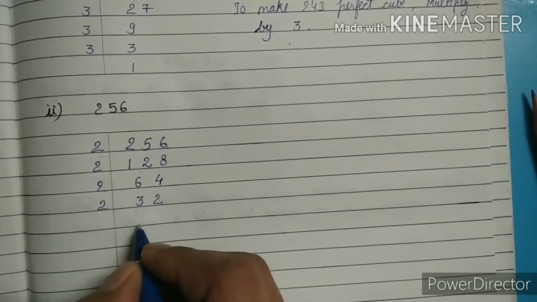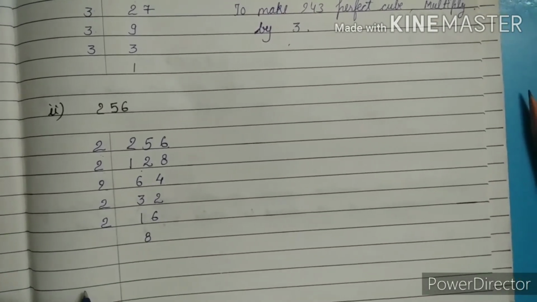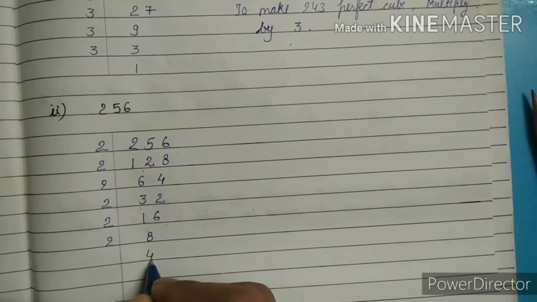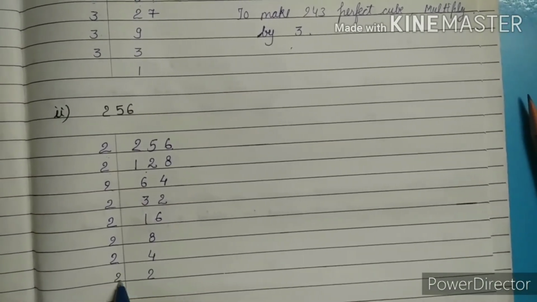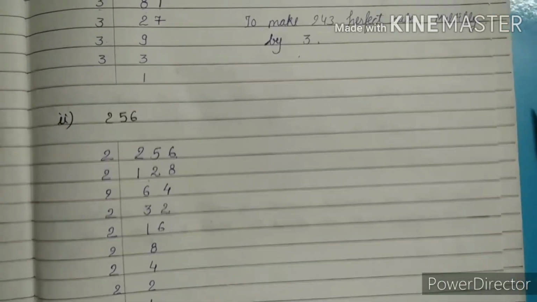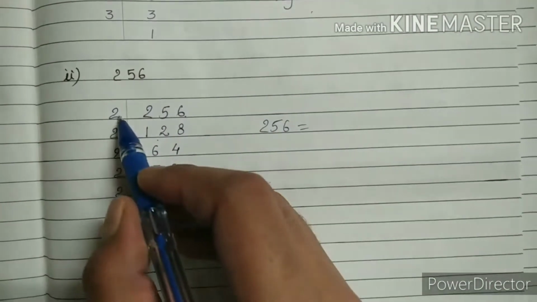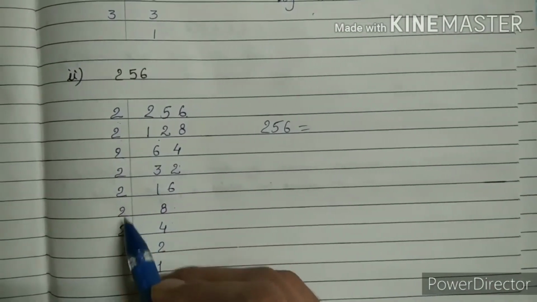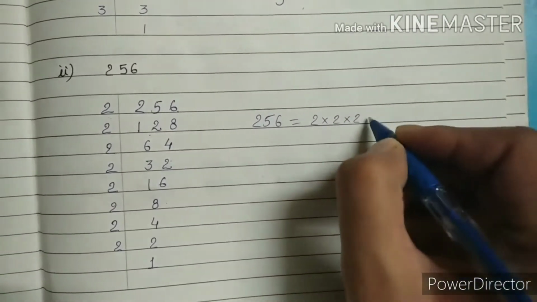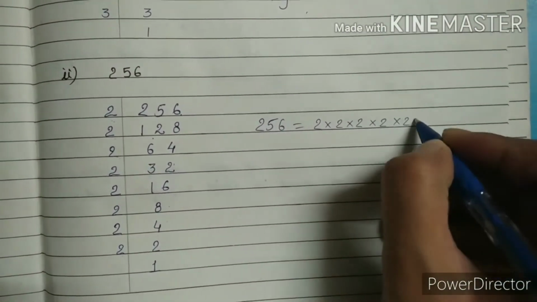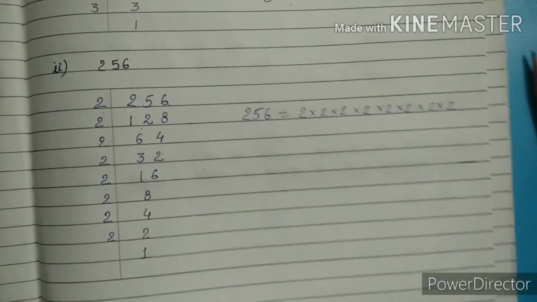Now 32 goes 16 times, 16 goes 8 times, 8 goes 4 times, 4 goes 2 times, and lastly 2 goes 1 time. So the prime factors of 256 are 1, 2, 3, 4, 5, 6, 7, 8 times 2.